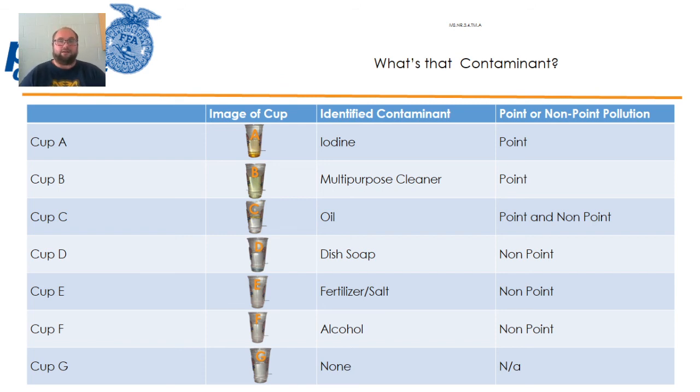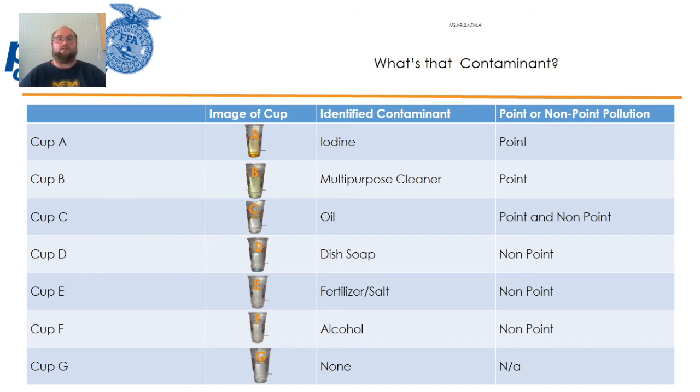We've also identified which could be easily identifiable. The iodine is a point source pollutant because we can easily identify it. We know where it's going to come from. The multi-purpose cleaner, we can easily identify it. We know what is causing that pollution.